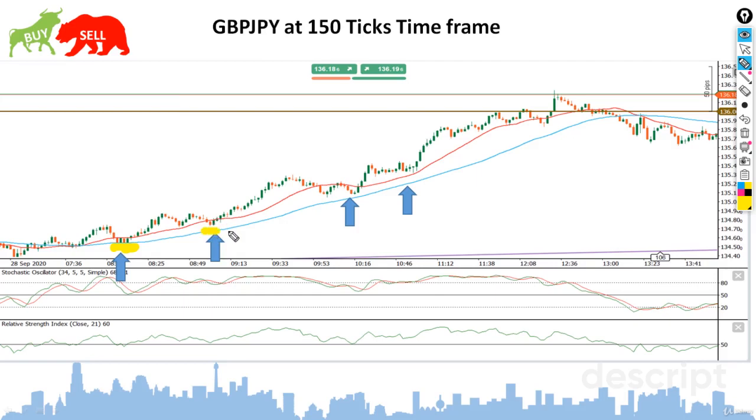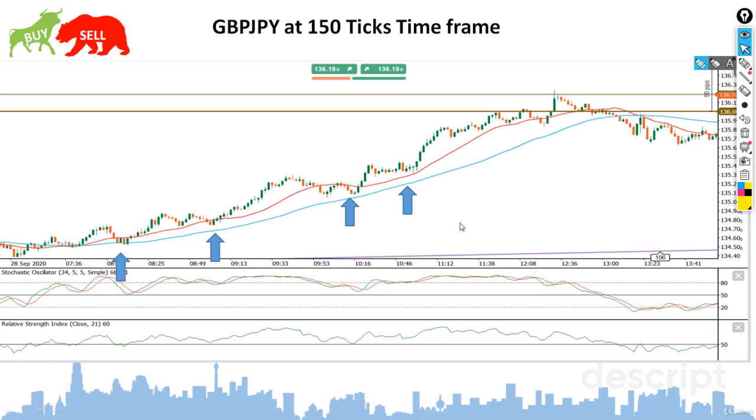We have a second entry here, the third and fourth entry, and the fifth entry here, and the risk is very low in this configuration. In my strategy, I will show you how to catch configurations like those in the Forex market, to be very profitable and to catch low risk, high reward scalps.